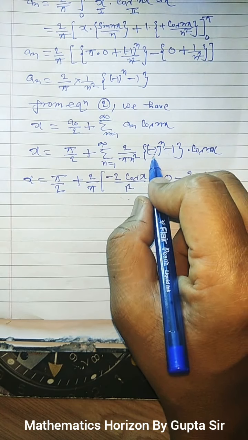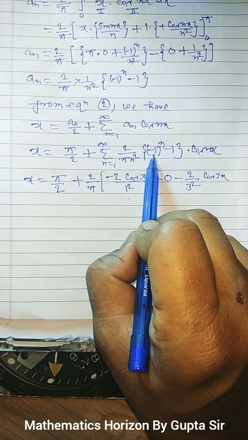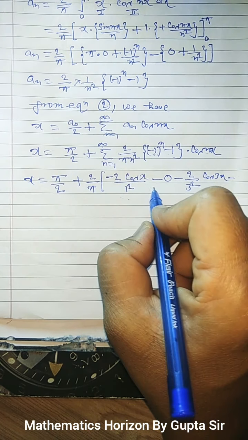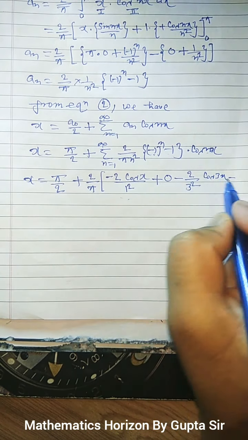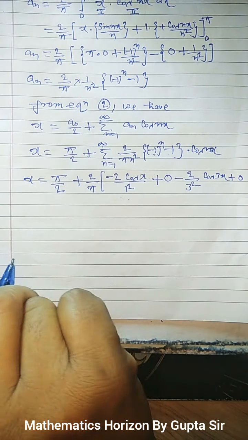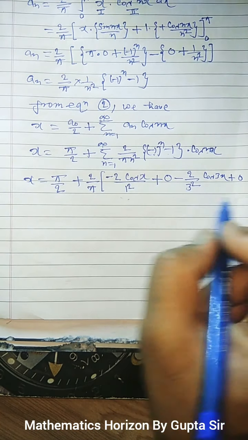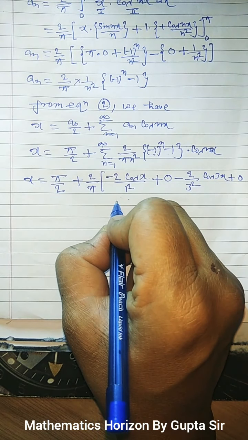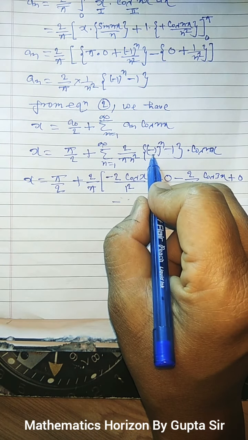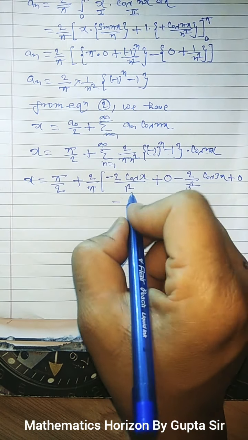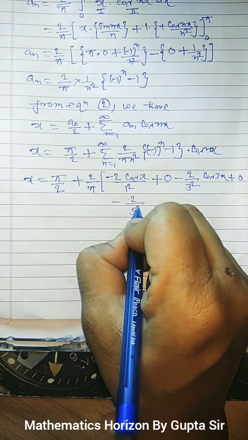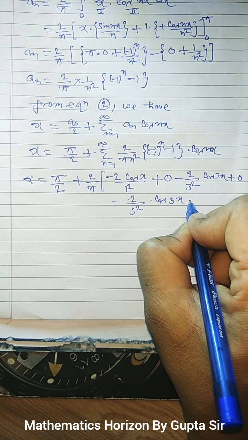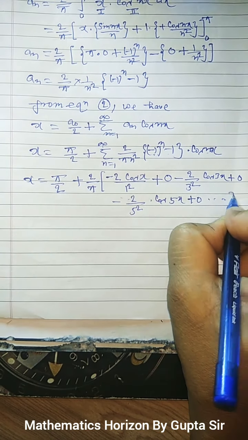4, minus 1 to the power even number means this will be plus 1 and minus 1 will be 0. Next term will be 0. Okay, we can put plus 0. When n equal to 5, we have next term minus 1 to the power 5 means minus 1, that is minus 2 upon 5 square, and here we have cos 5x, next term will be 0, and so on.